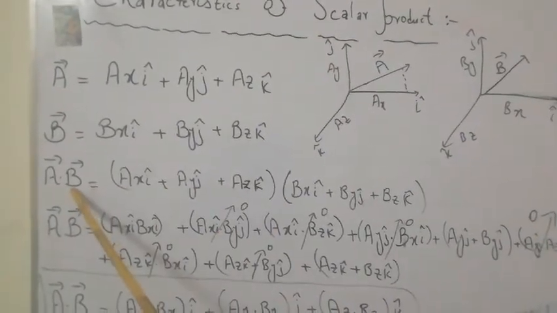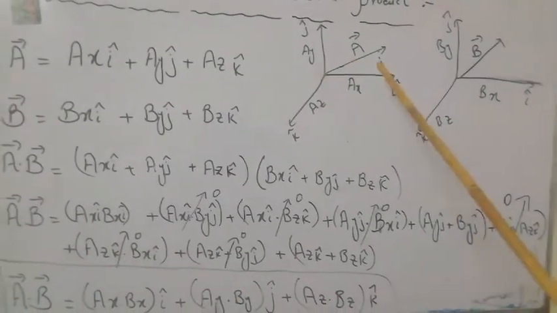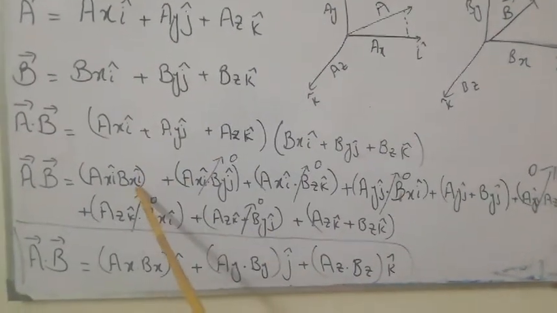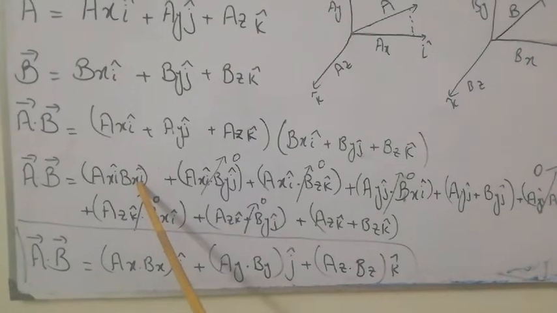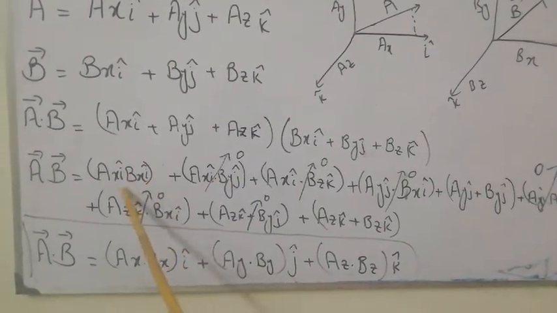in a dot product the result will be the maximum value, because the angle between the same axis is 0 degree and cos 0 is 1. So here Ax I and Bx I both are on the I axis, that is the x-axis.